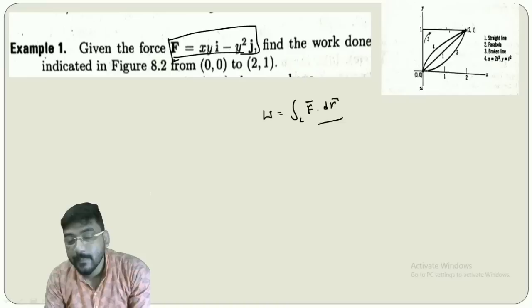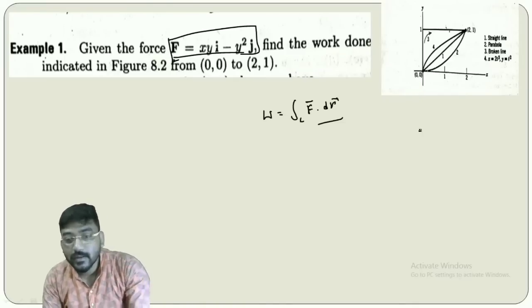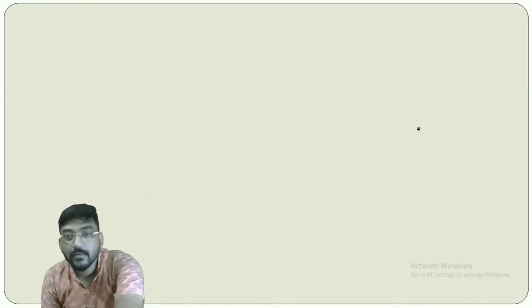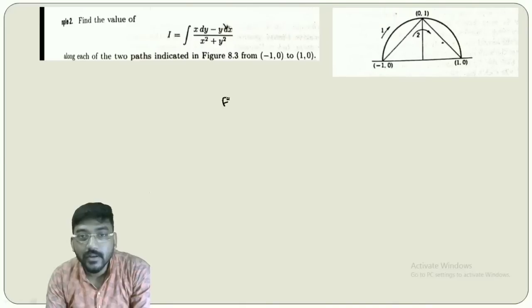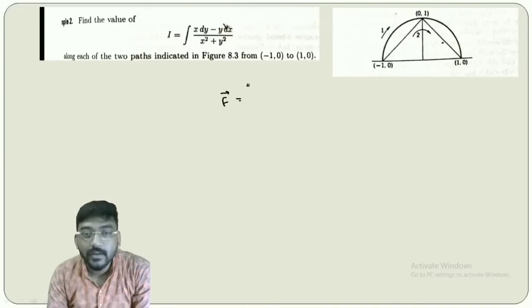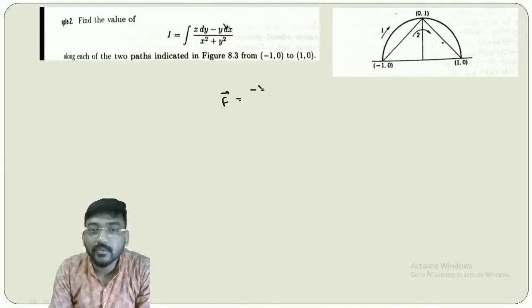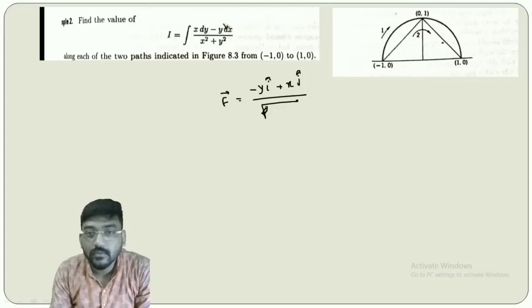But in the next problem, we construct the function f. Here the f vector will be nothing but minus y i cap plus x j cap divided by x square plus y square. Sorry, not root, it is only x square plus y square.